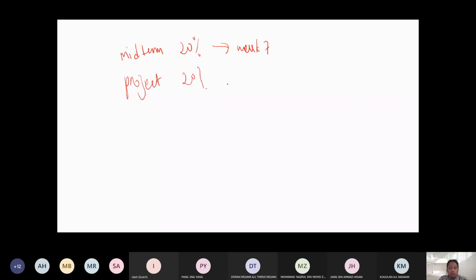For the project, I've divided it into 2 parts. 10% you will use MATLAB, and another 10% I will arrange some talks from people that use continuum mechanics in their research. There will be 3 talks. First from me, the second from someone from UMP, and the third from outside UMP. We will learn from them how they use continuum mechanics in their research.